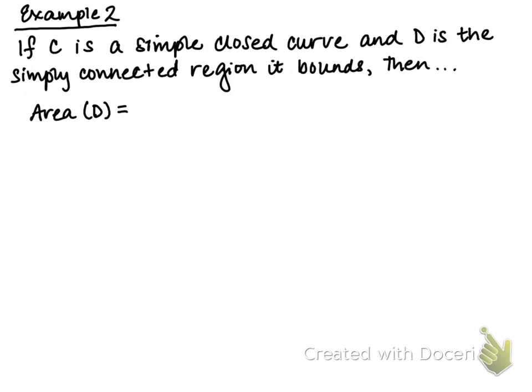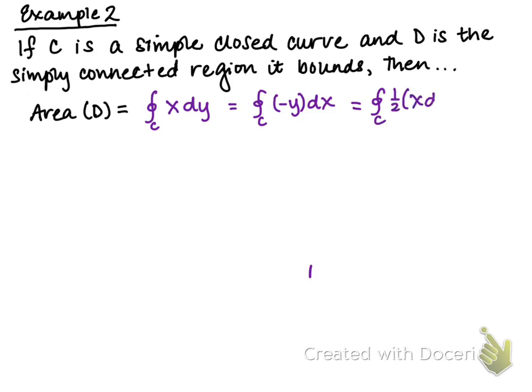If C is a simple closed curve and D is the simply connected region it bounds, then the area of D is the positively oriented line integral over C of x dy, or the positively oriented line integral over C of negative y dx, or the positively oriented line integral over C of 1/2 x dy minus y dx.